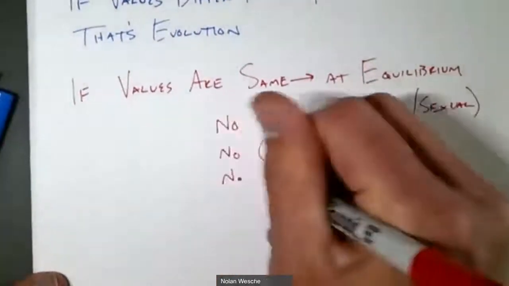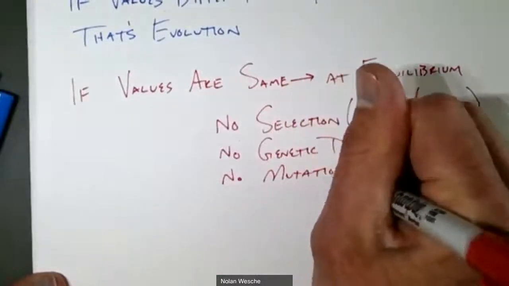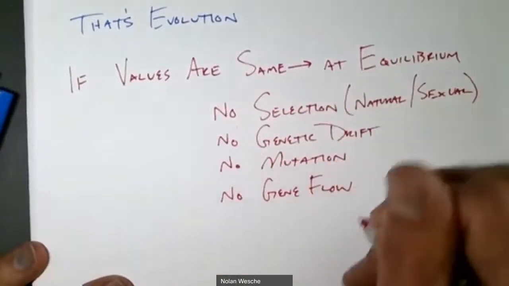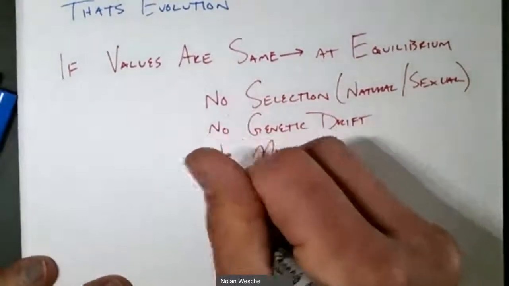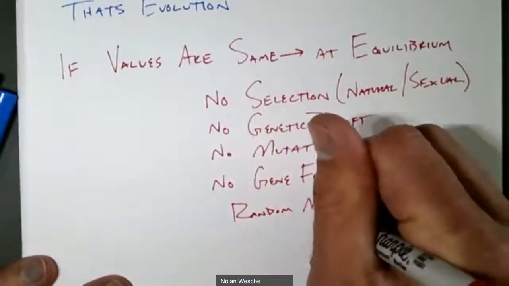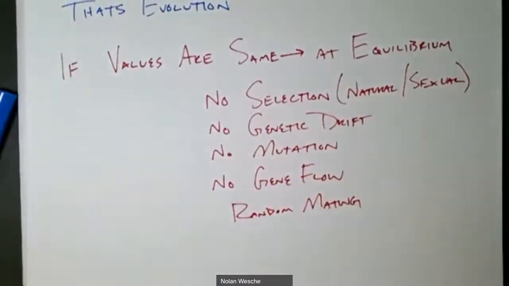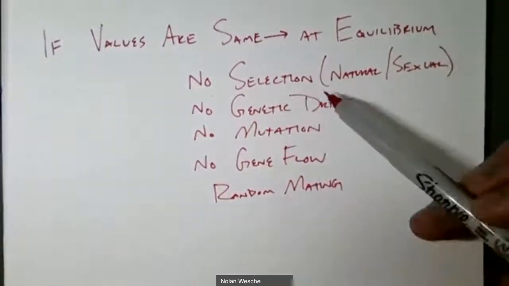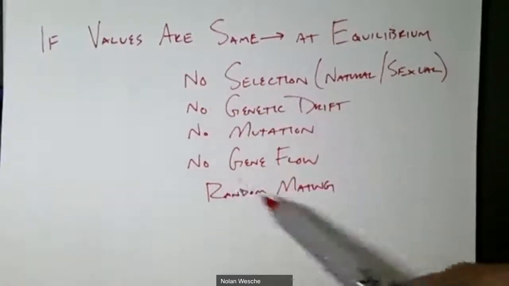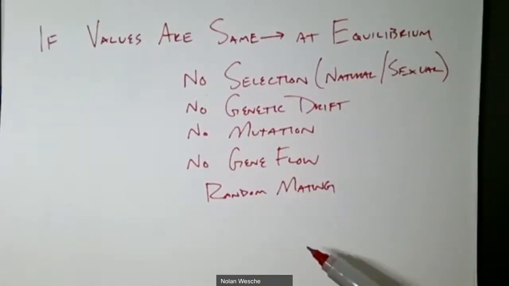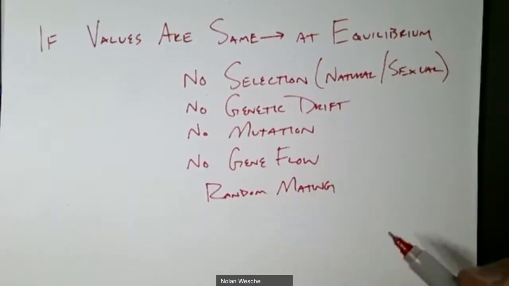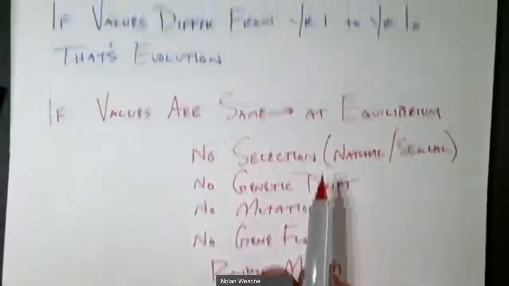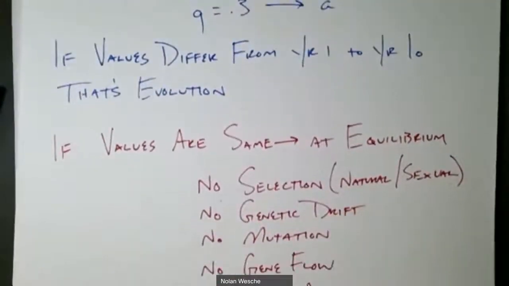There is no mutation happening. There is no gene flow happening. And we have essentially random mating occurring. So we would know that these 5 things, no selection, no genetic drift, no mutation, no gene flow, and random mating occurring, must be true for this population if the values are the same from year 1 to year 10. So it gives us a way to measure whether or not evolution is occurring.